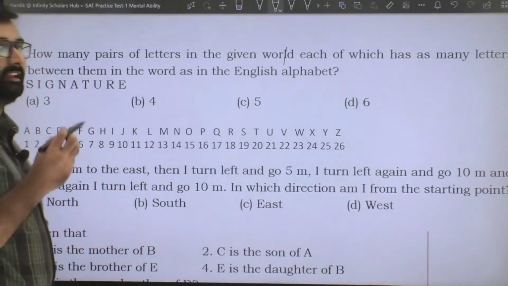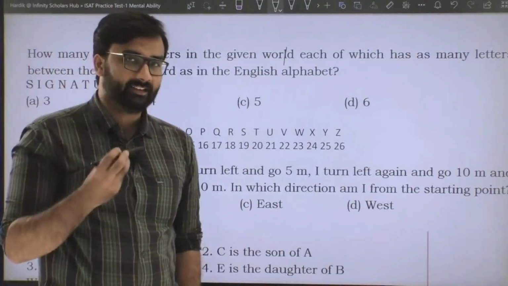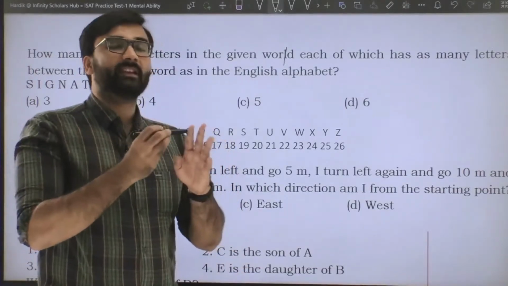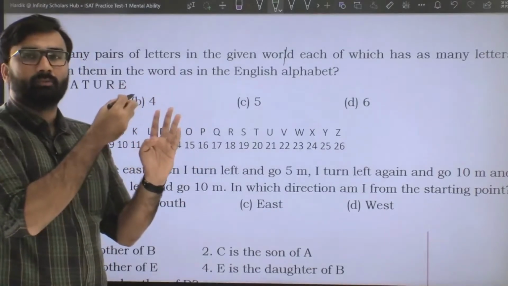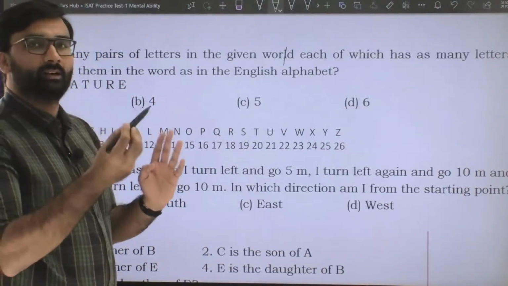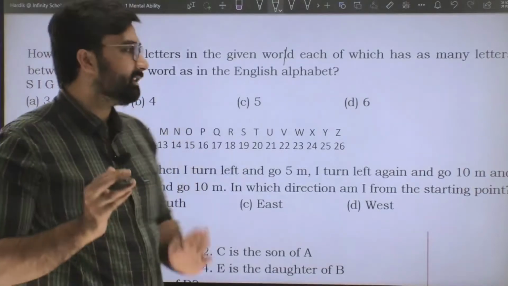So when we say the English alphabet, B, C, D, E, if between B and E there are two alphabets, then you have to make pairs like this, right?